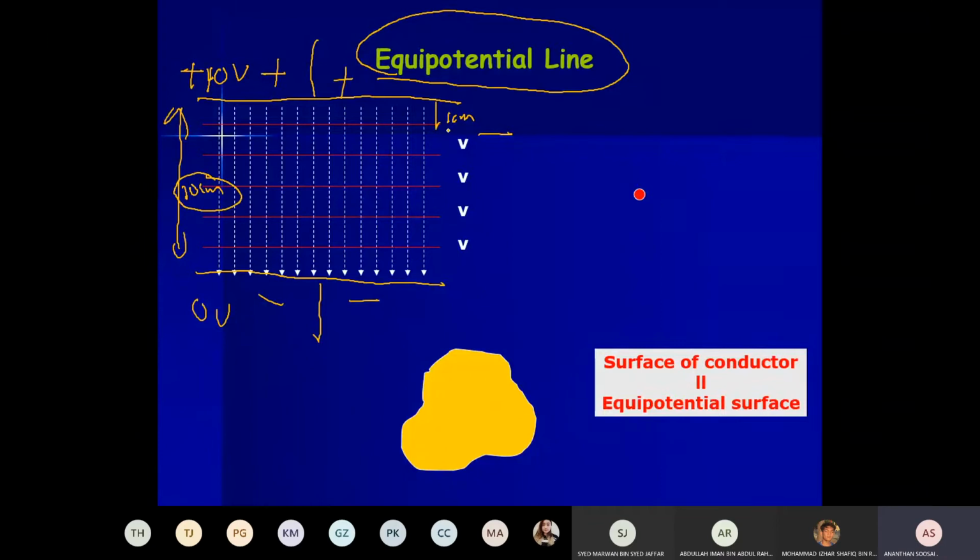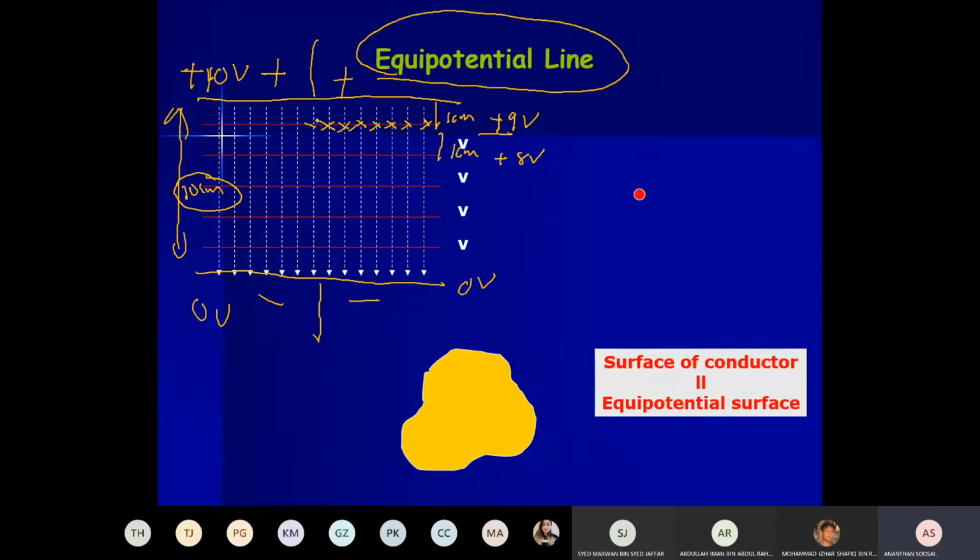If you go down by 1 centimeter, what will the potential be? Positive 9 volt, right? If you go another 1 centimeter down, the potential will be positive 8 volt. So finally, the voltage is going to drop to 0 volt. Okay. So you see here, the red line. Our focus here is the red line. The red line is a line joining all the points which have the same potential.